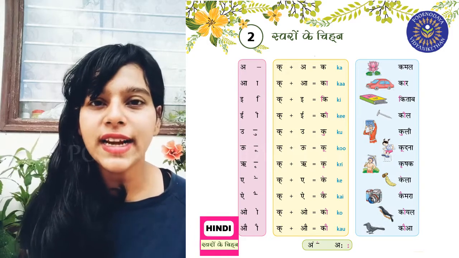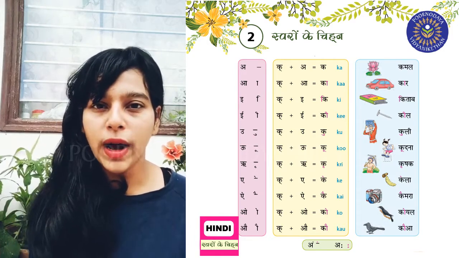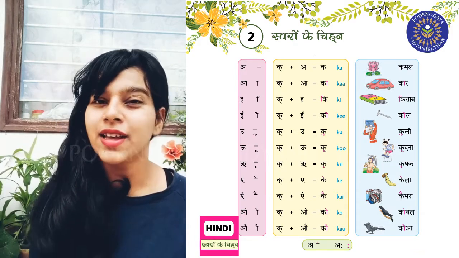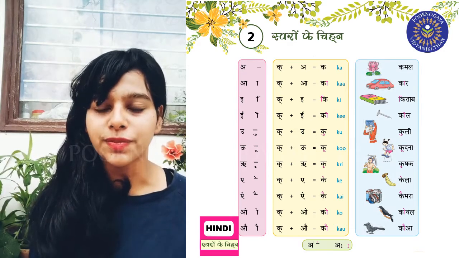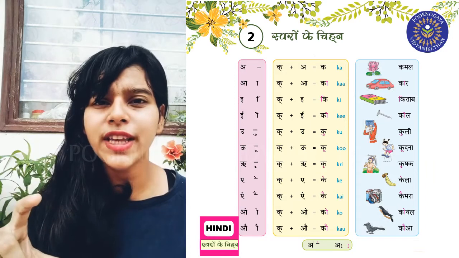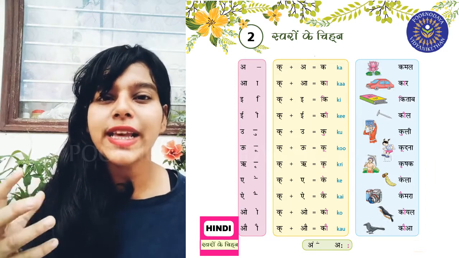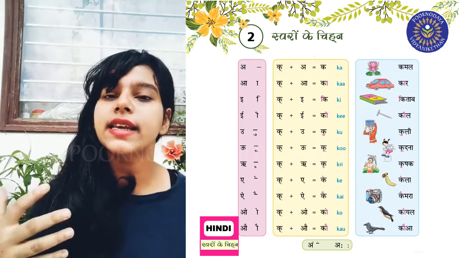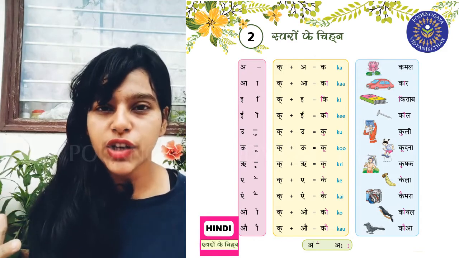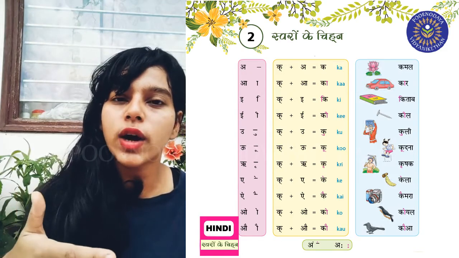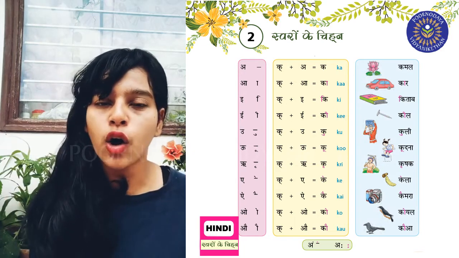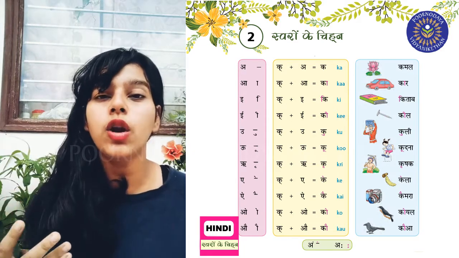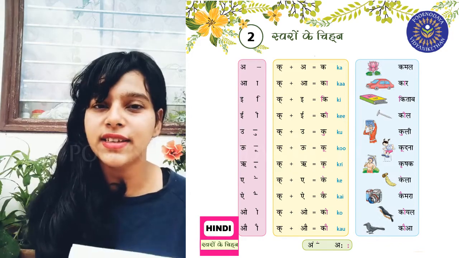There are two parts of Hindi letters: the first part is swar, the second part is vyanjan. The first part, swar, is mostly matras. We use swar matras in vyanjan, and that's how we complete the whole words of Hindi and sentences.